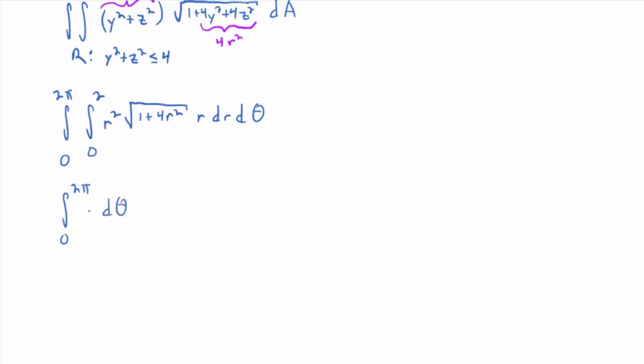It's got to be just 1, right? Yeah, that's the d theta. And then the integral, how does the r stuff simplify? r cubed square root 1 plus 4r squared dr, integral 0 to 2. Yeah? All right, so this part, easy peasy, right? 2 pi.